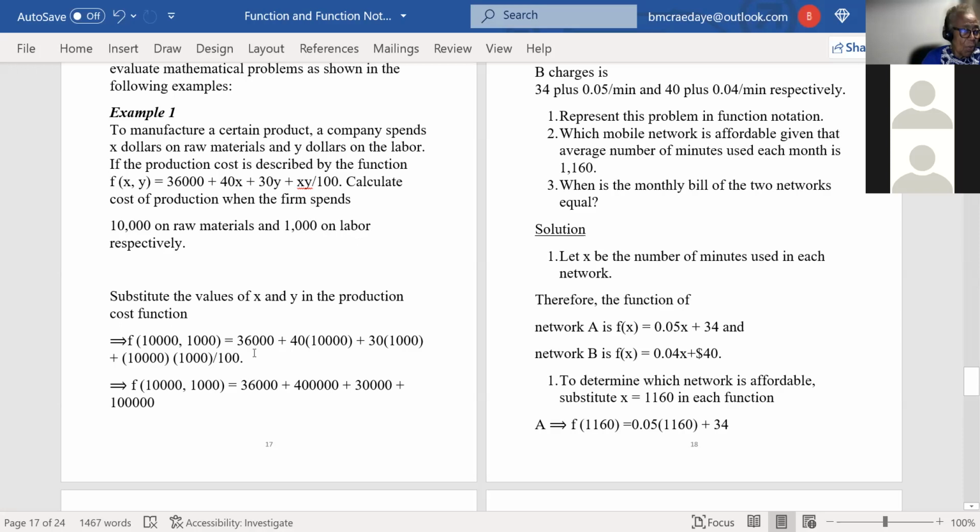Okay, so let's just put what they said here. X dollars is equal to raw materials. Okay, so X dollars is raw materials, and we don't need to underline that.